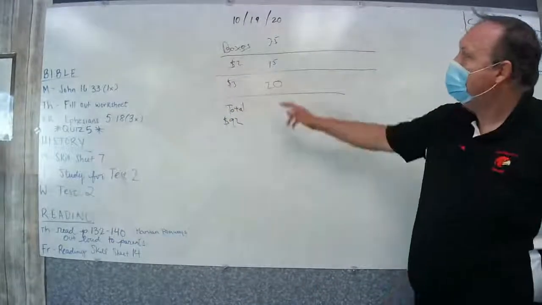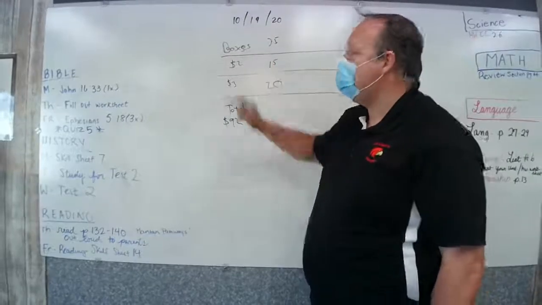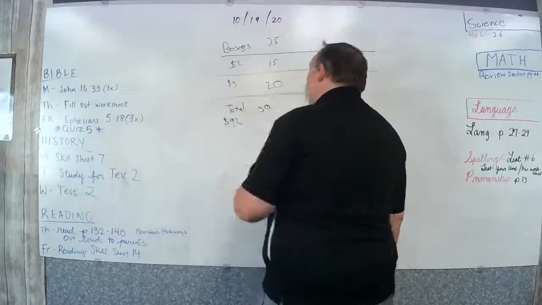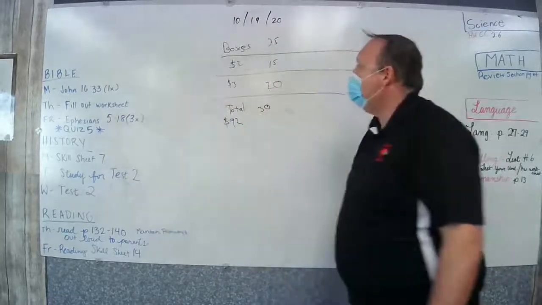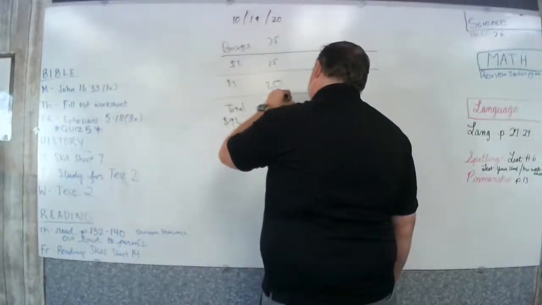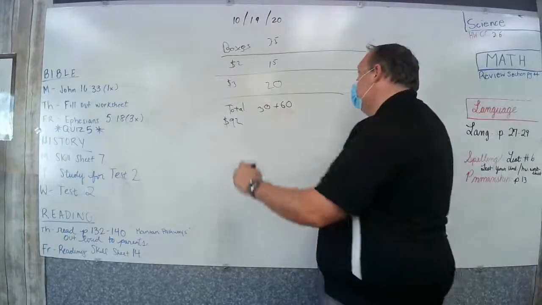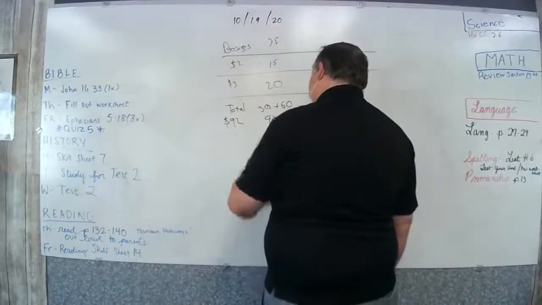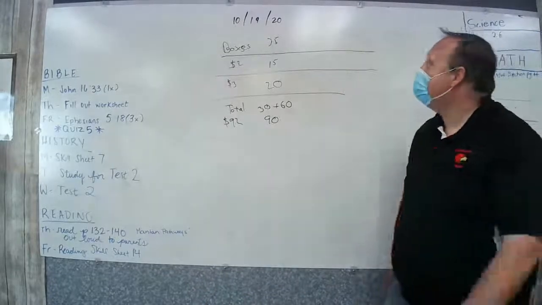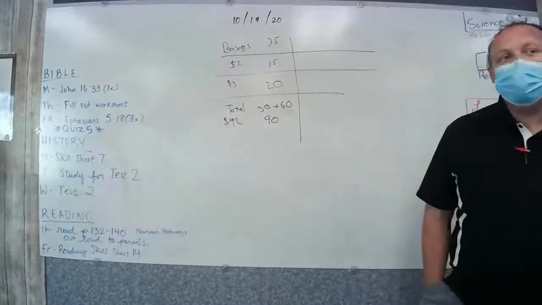So, let's look at the total. 15 times 2 is going to be 30. 20 times 3 is going to be 60. Okay. 30 plus 60 is going to be 90. We're close. Okay. So, how do we need to adjust this, do you think?